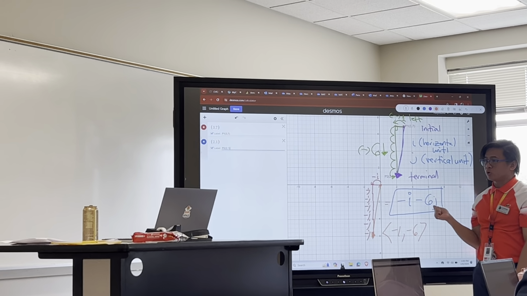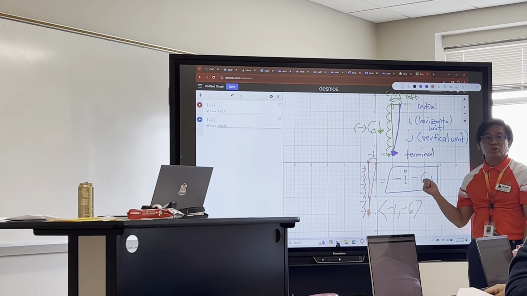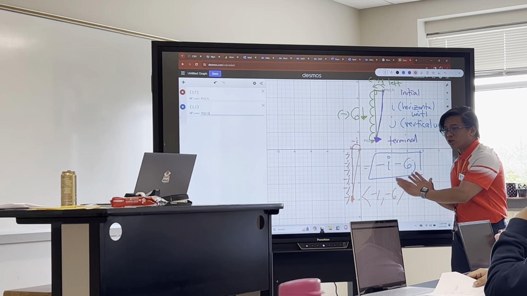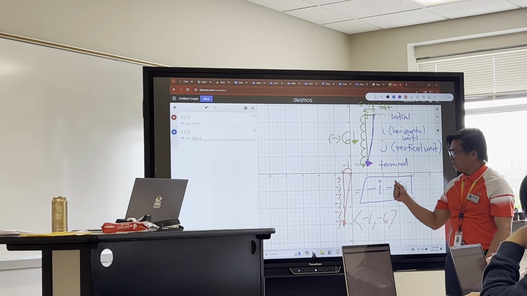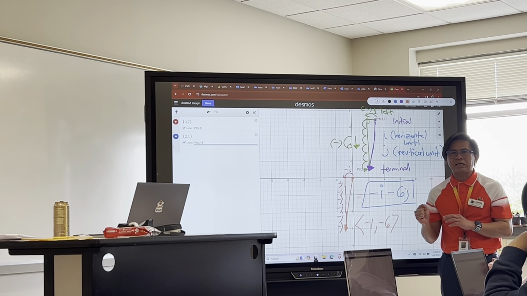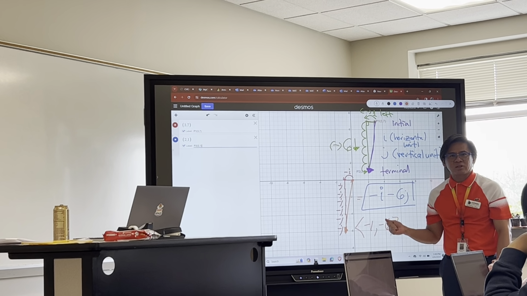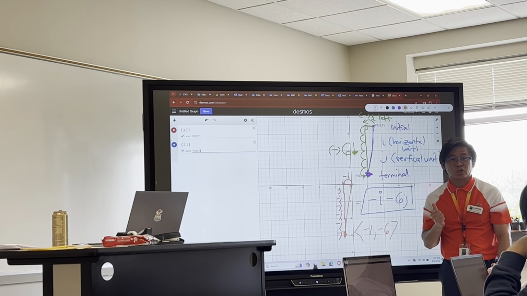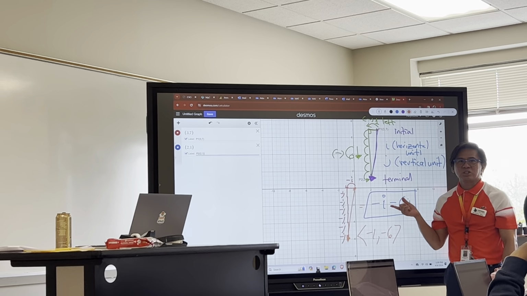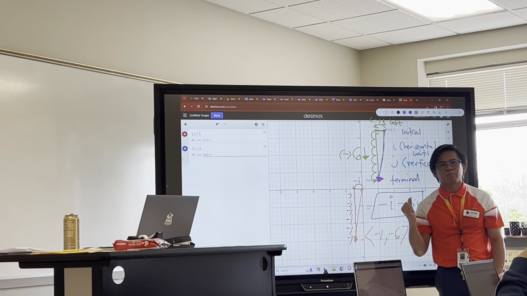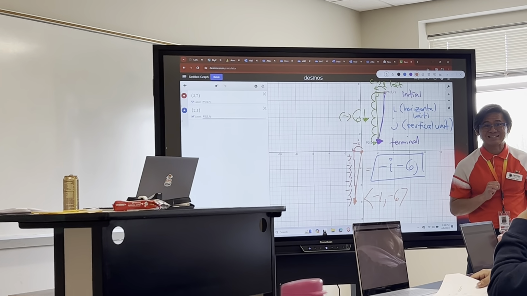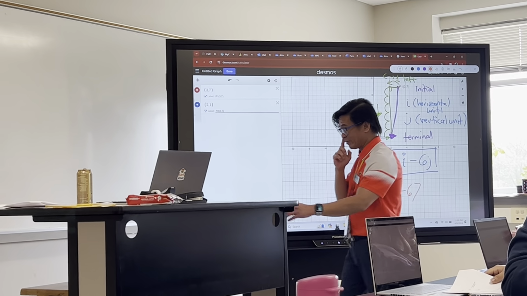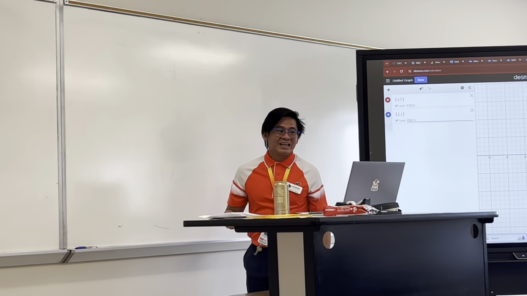However, if you write those in unit vectors I and J, you don't need to put them in parentheses and comma anymore. So these two are basically the same vectors, just different notations, expressing the exact same vector in two different ways. Okay? Questions now, please.